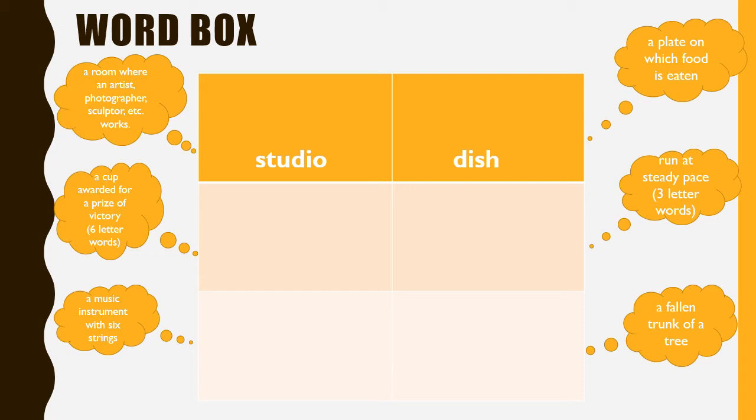Now next, go to the right hand side and check the second hint. Run at steady pace. Now when you're not running too fast, but you're running at a steady pace, in a comfortable pace, what is that word called? It's a 3-letter word. And remember, it's not run, okay? Now, what is a 3-letter word that means run at a steady pace?